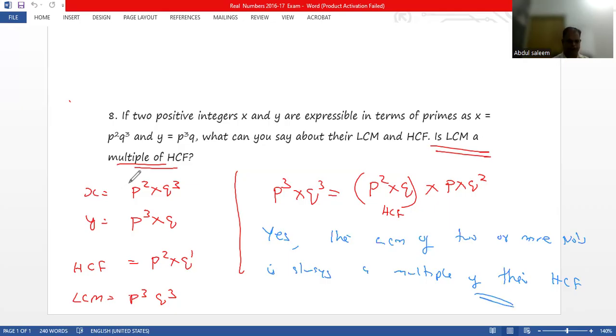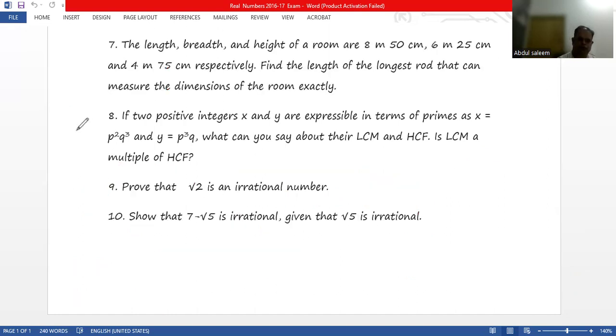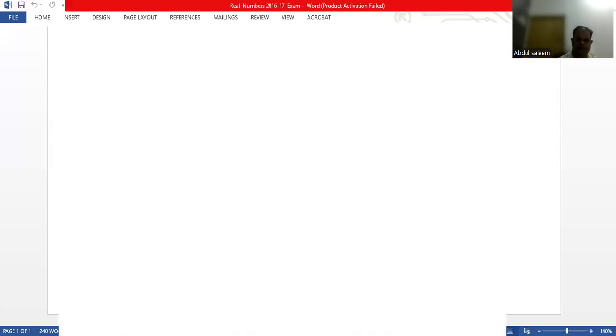Now we can solve the 9th question: prove that root 2 is an irrational number. Let us assume that root 2 is rational.